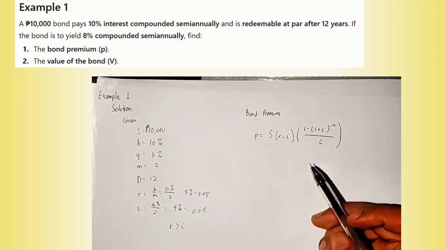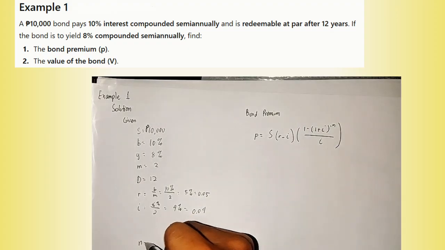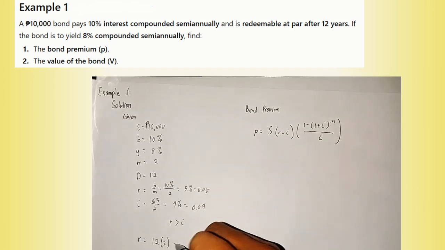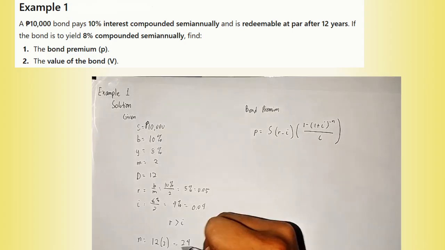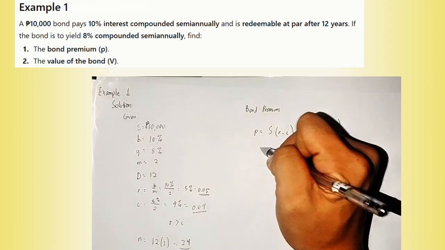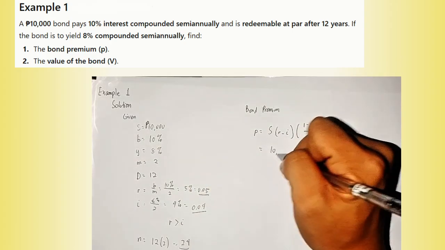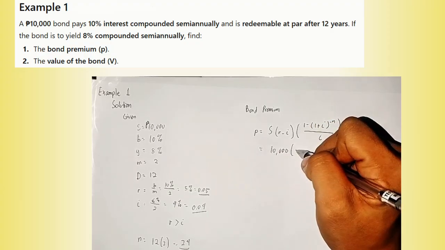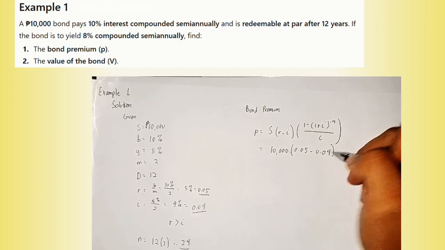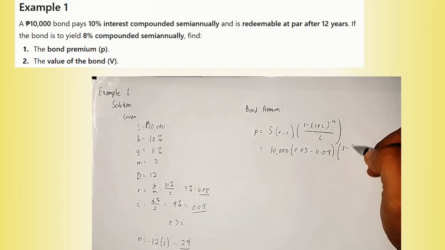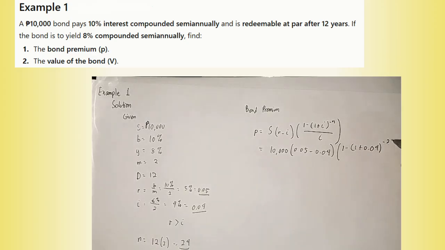Now, what is our N first? N is equal to 12 years times 2, which is equal to 24. So we have N is equal to 24. Let's substitute these values into our formula. P is equal to S, which is 10,000, times R, which is 0.05, minus 0.04, times 1 minus (1 plus 0.04) to the power of negative 24, over 0.04.